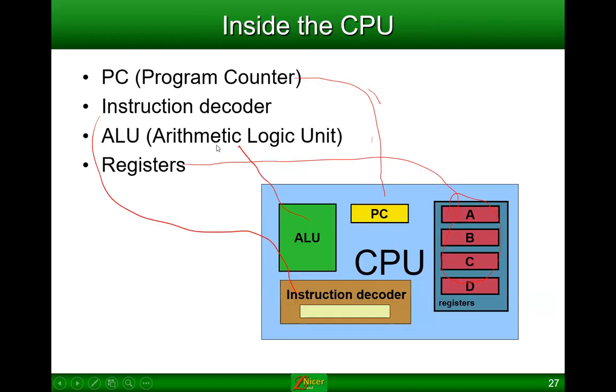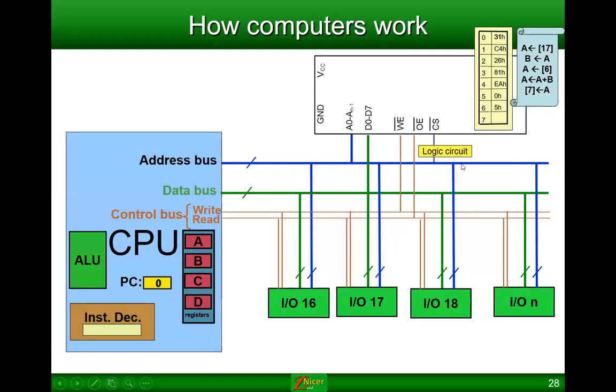If we talk about how it works, first of all it's showing that the program counter is zero. We will look at what will be the value at line zero.